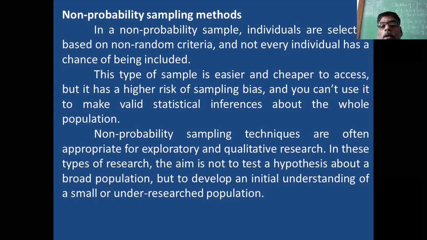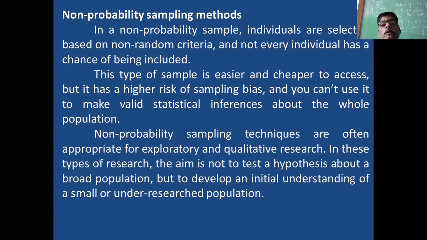Then we apply this non-probability sampling because we collect the information from the known people. In this type of research, the aim is not to test hypotheses about the broad population, but to develop an initial understanding of a small or under-researched population.